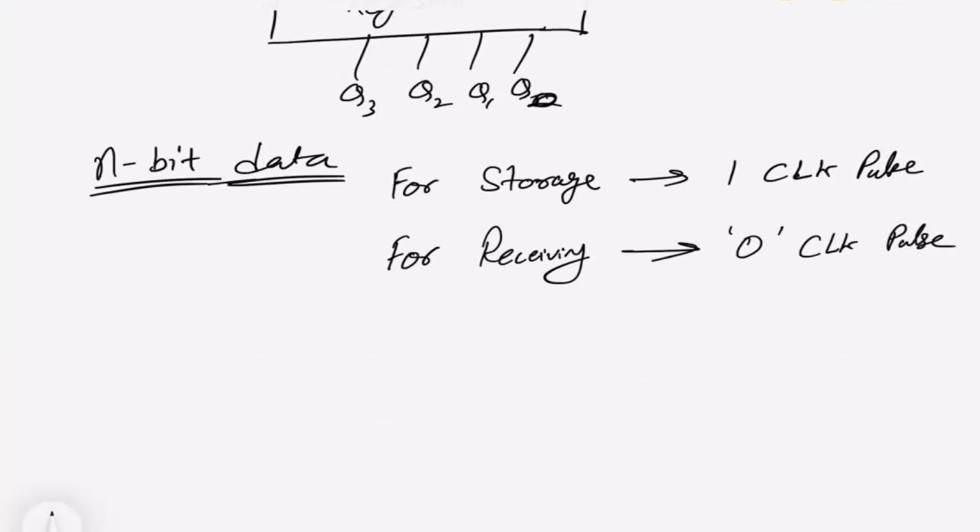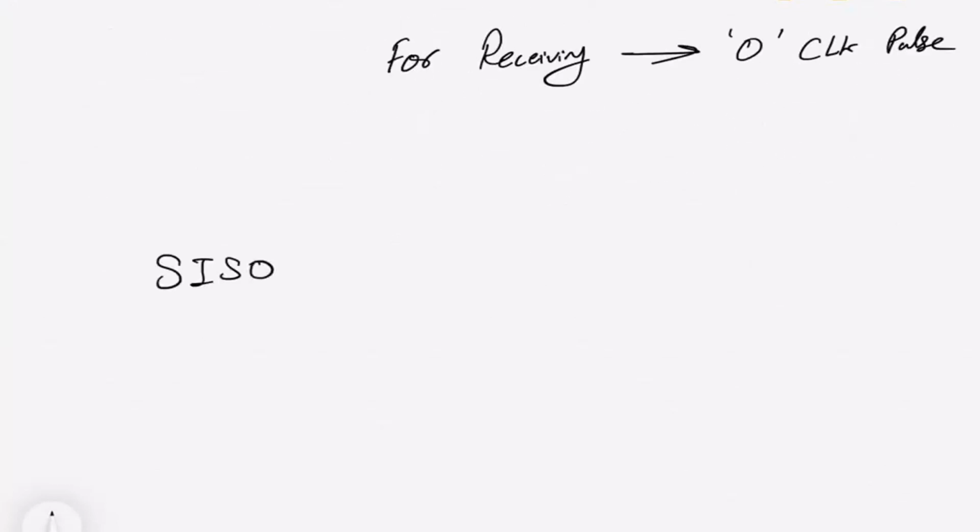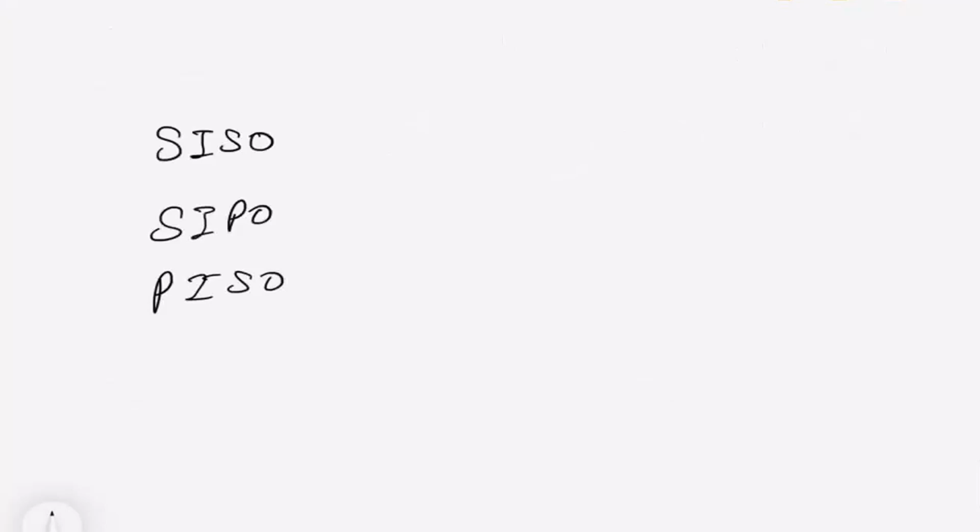Okay, so with this, you can see which one is faster, which one is slower, and according to your situation, whatever flip-flops you need, you can use them. So if we compile all those theories, it is SISO, SIPO, PISO, and PIPO.